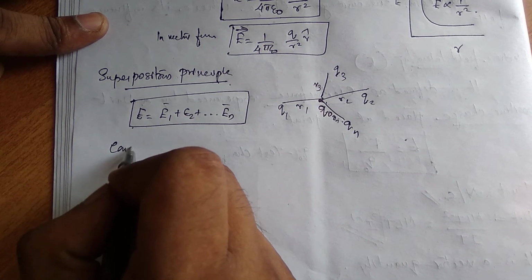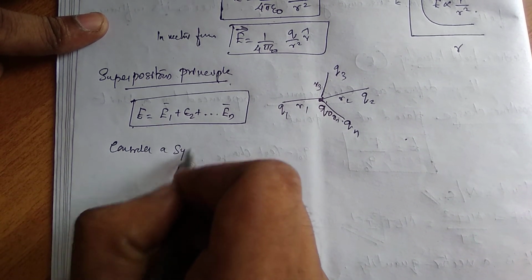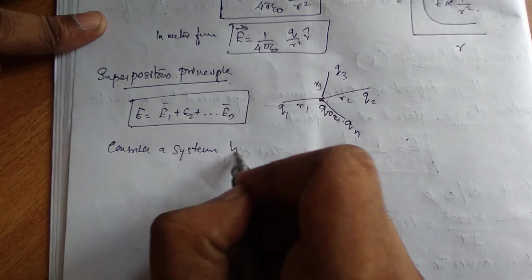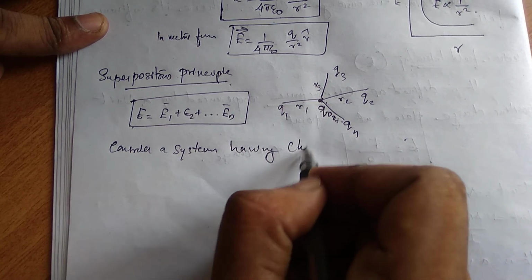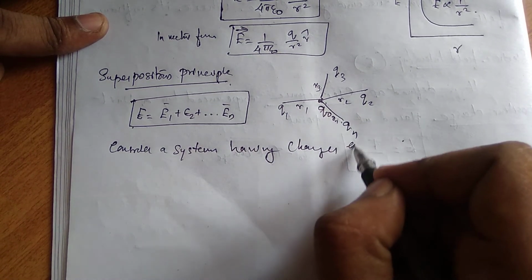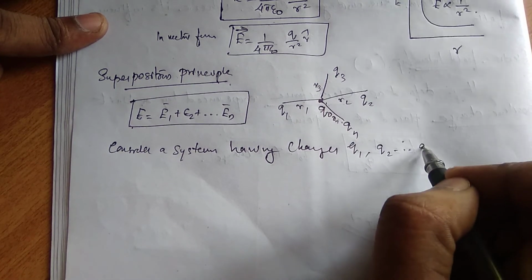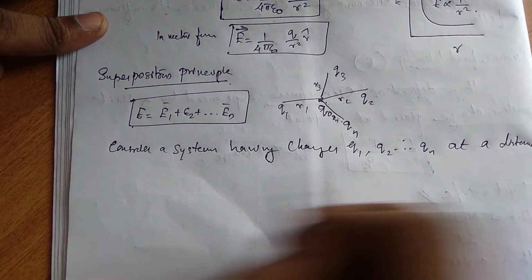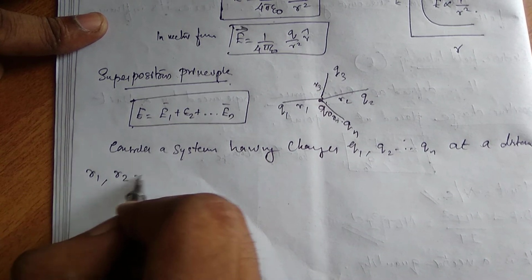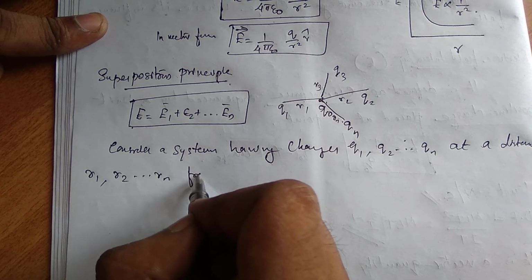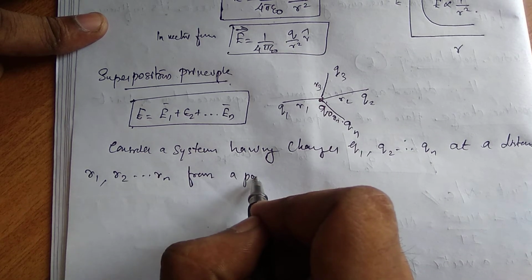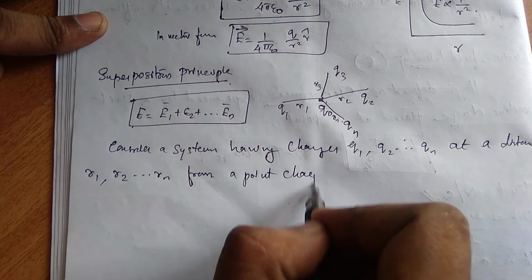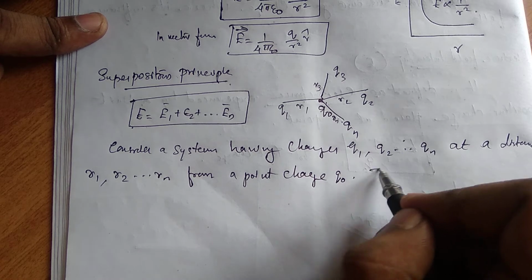That is, consider a system having charges q1, q2, etc. qn at distances r1, r2, etc. rn from a point charge q0.